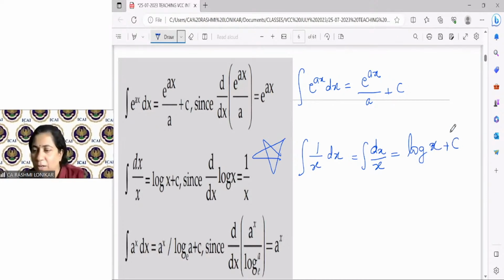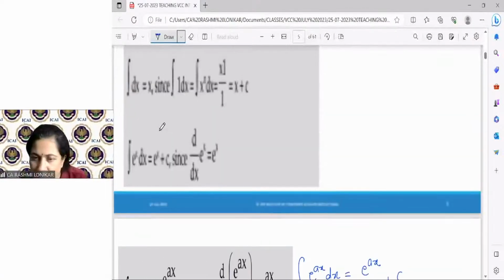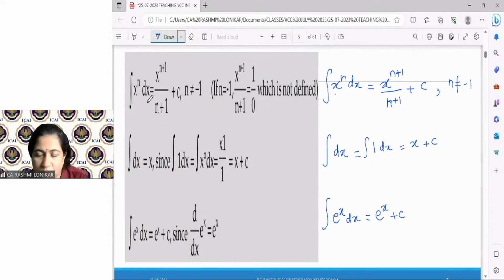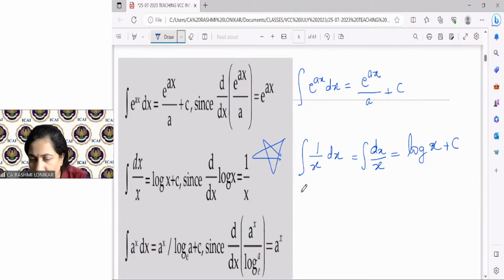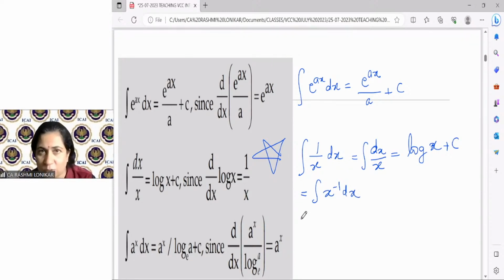Why this is important is because this and this are different. This can also be written as integral of x raised to minus 1 dx, so you may be tempted to use the other formula, integral of x raised to n. But for 1 upon x, the formula is integral of 1 upon x is log x.